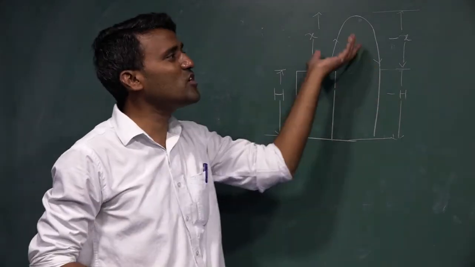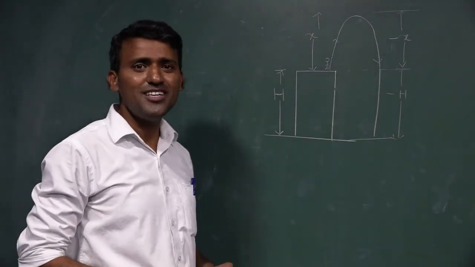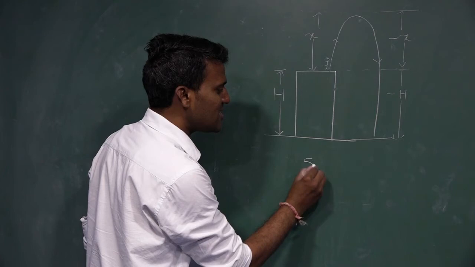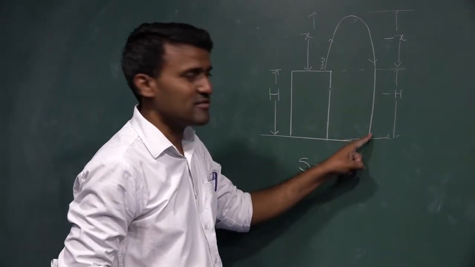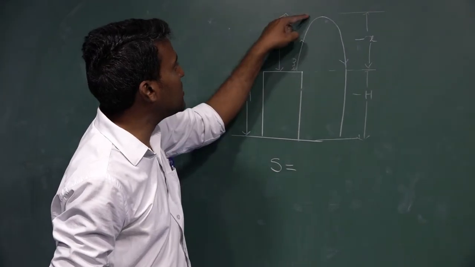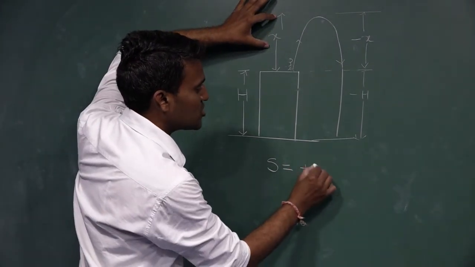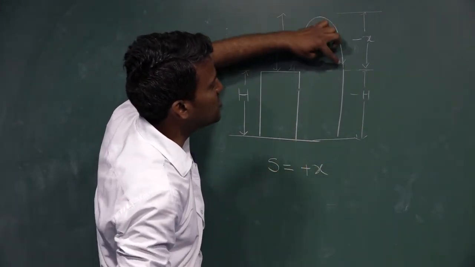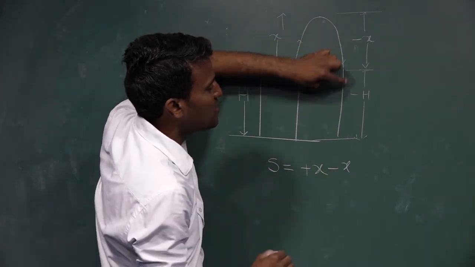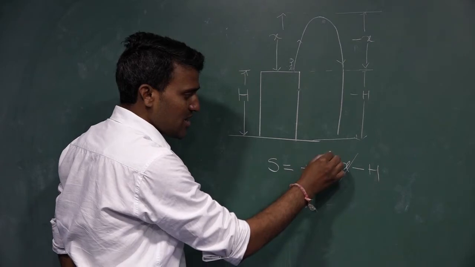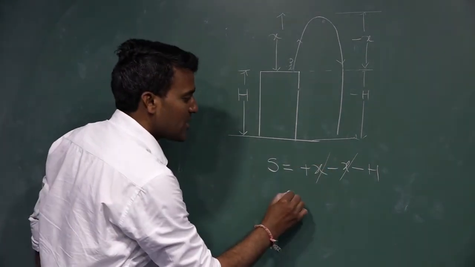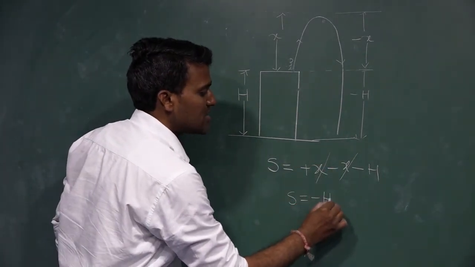So what is the total displacement? S is the object's travel from here to here like this. From here to here it is plus x, from here to here it is minus x, and from here to here it is minus h. In this, plus x and minus x get cancelled. We can write S is equal to minus h.